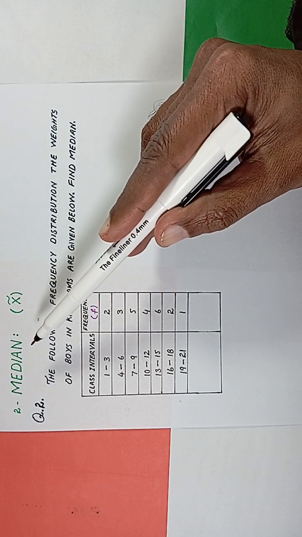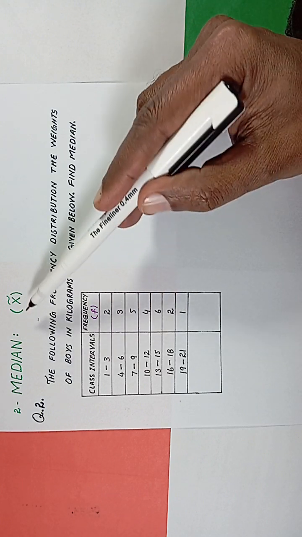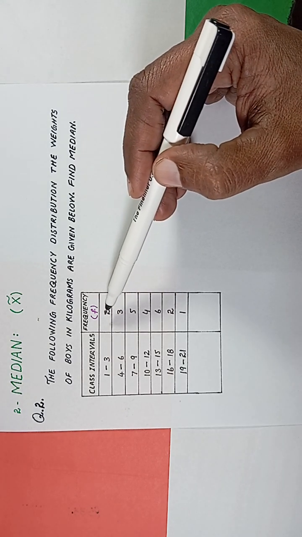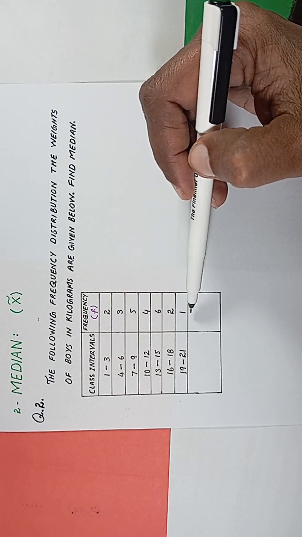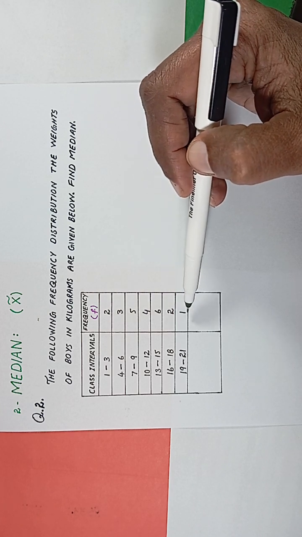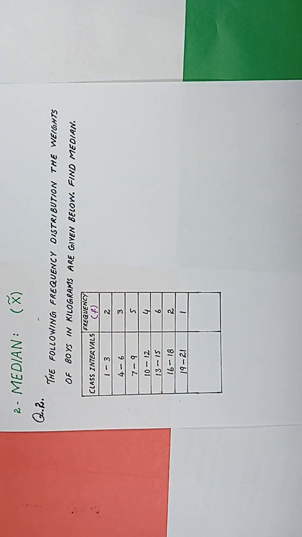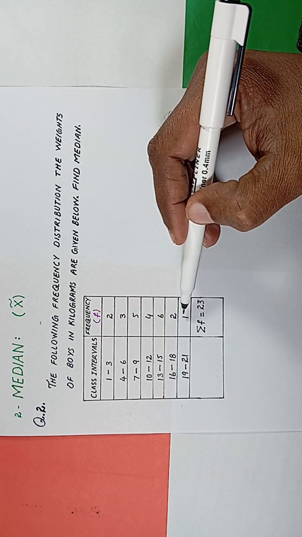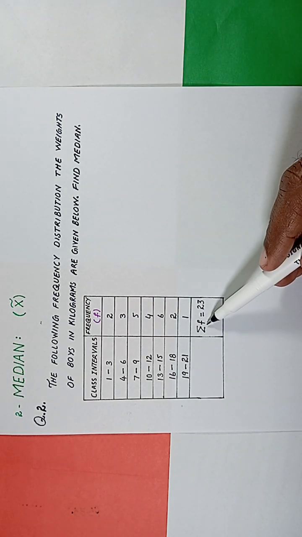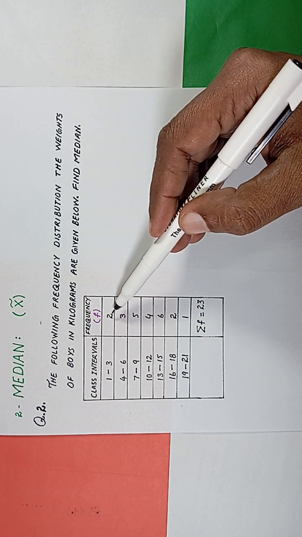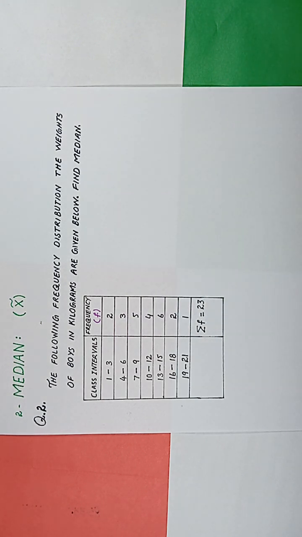And we are required to find out the median. So first of all, we add up all these frequencies and find the sum of frequencies. So we get summation f equals 23. So 23 is the sum of all the frequencies.